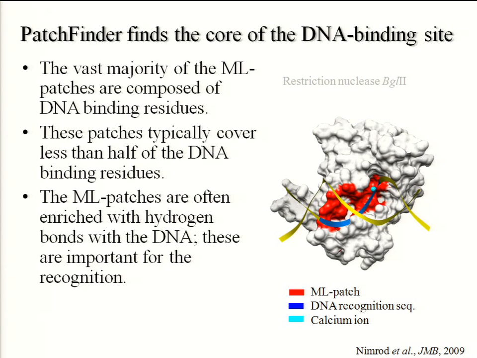So we don't cover the entire protein DNA interface, and I'll get back to this soon. The maximum likelihood patches are enriched with hydrogen bonds with the DNA, which are important for the recognition, and that suggests that the patches that Guy finds typically are the region that determines specificity in the binding to the DNA.